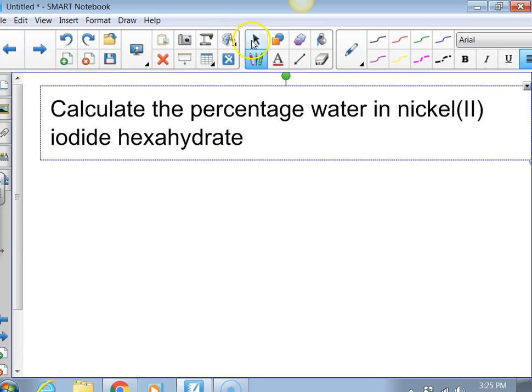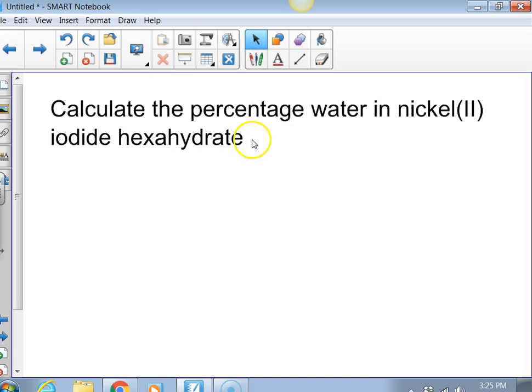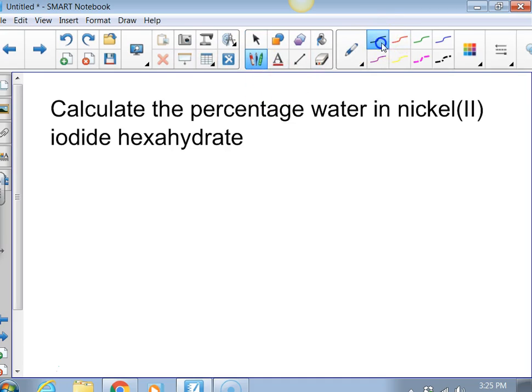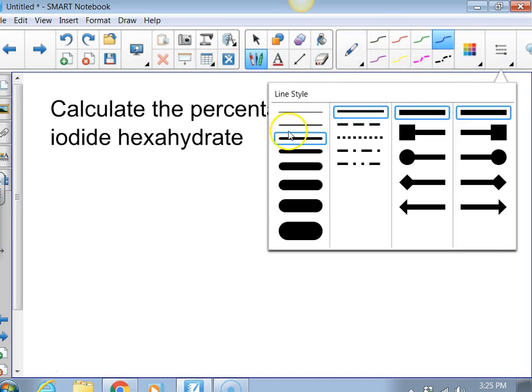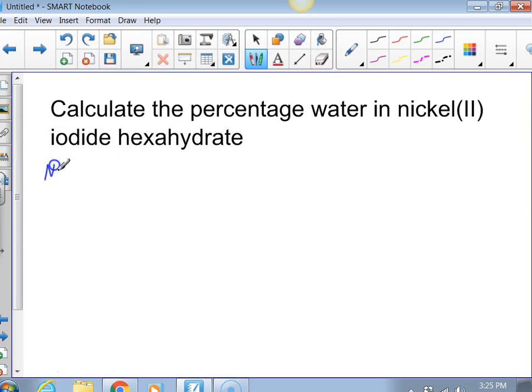Next problem. Calculate the percentage water in nickel 2 iodide hexahydrate. So, nickel 2 iodide is NiI2, hexahydrate, .6H2O.